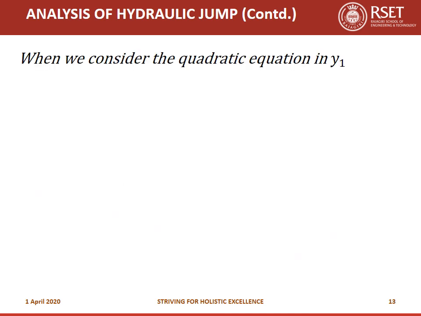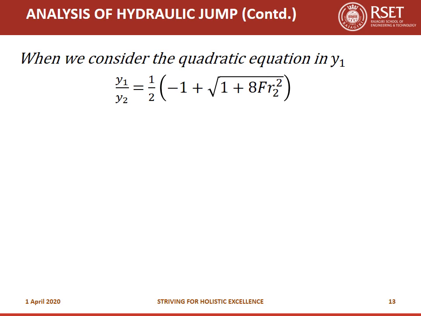In our analysis for hydraulic jump, when we considered the quadratic equation in y1, we ended up getting y1 by y2 is equal to half into minus 1 plus root of 1 plus 8 Fr2 squared. Similarly, instead of considering it as a quadratic in y1, we could also consider it as a quadratic equation in y2.